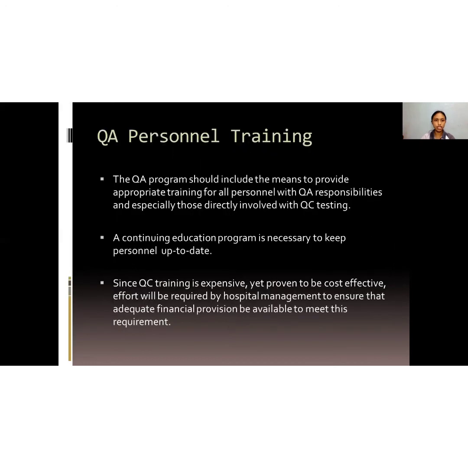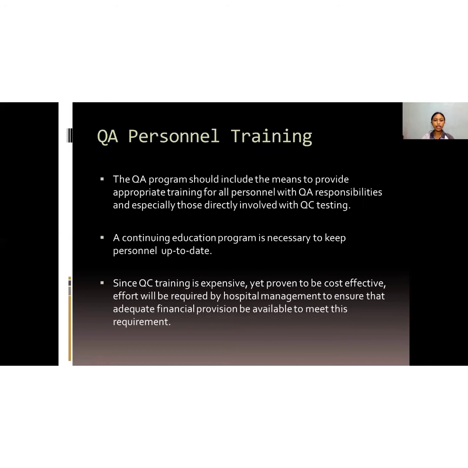So let's proceed. So in the quality assurance program, they also have personnel training. So in the personnel training, the quality assurance program includes the means to provide appropriate training for all personnel with quality assurance responsibilities and specifically to those directly involved in quality control testing.